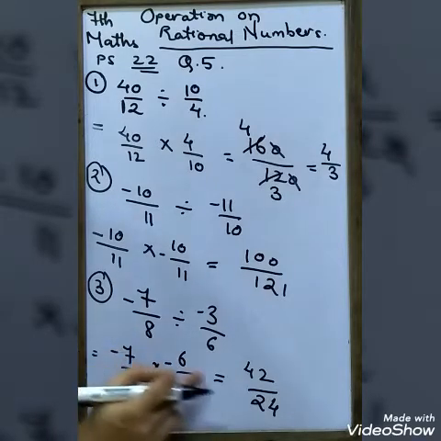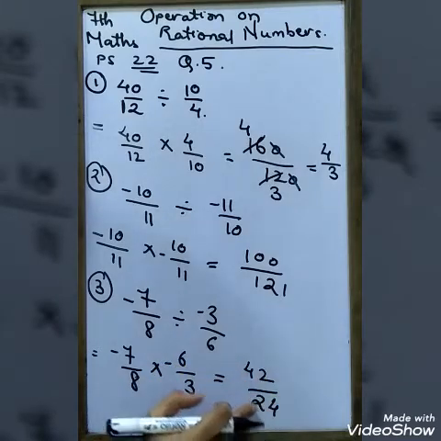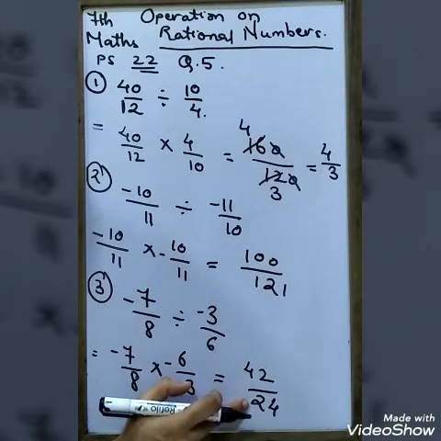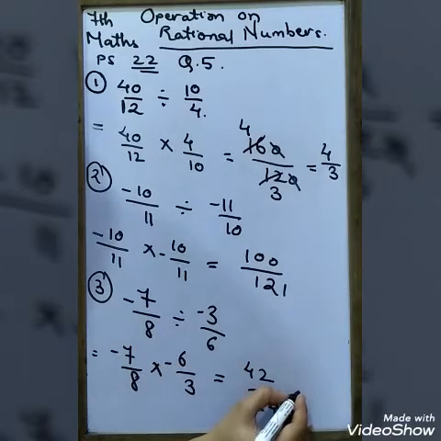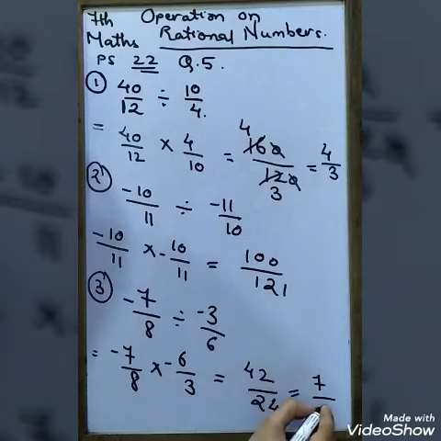Minus into minus, again plus will come over here. When we find, 42 and 24 both come in the table of 6. 7 6s are 42, 6 4s are 24. So the answer is 7 upon 4.